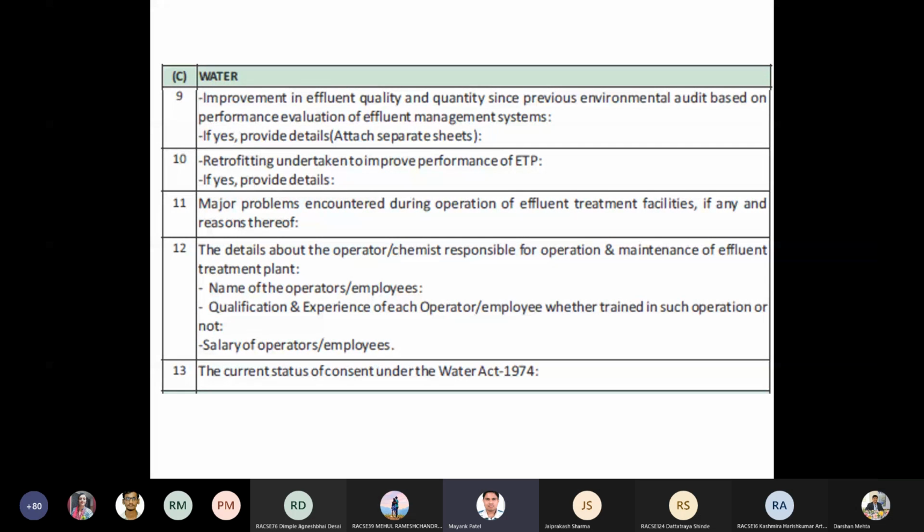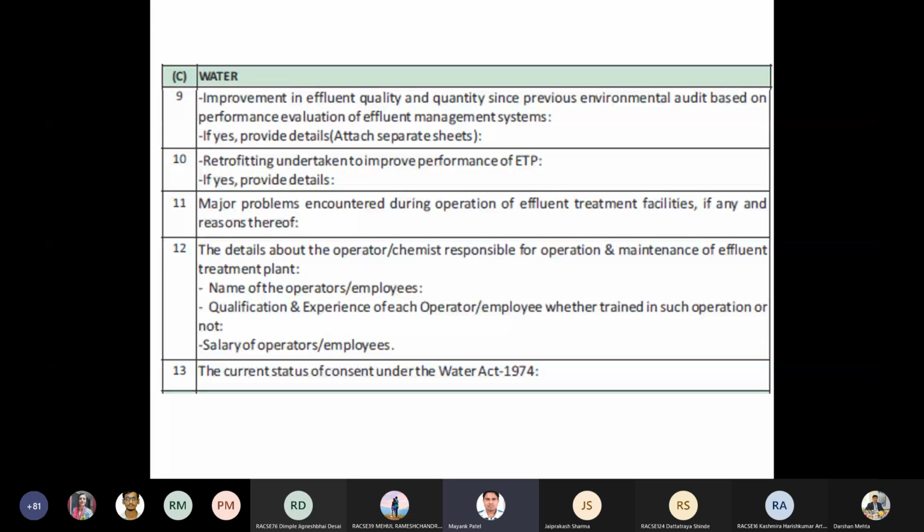If previously you were not reusing or recycling the effluent, but from this year you have installed some of these facilities, say for example reverse osmosis or multiple effect evaporators, then you can mention the details thereof. Then what major problems you have encountered during the operation of the effluent treatment facility, and how you have solved them, you can also mention.